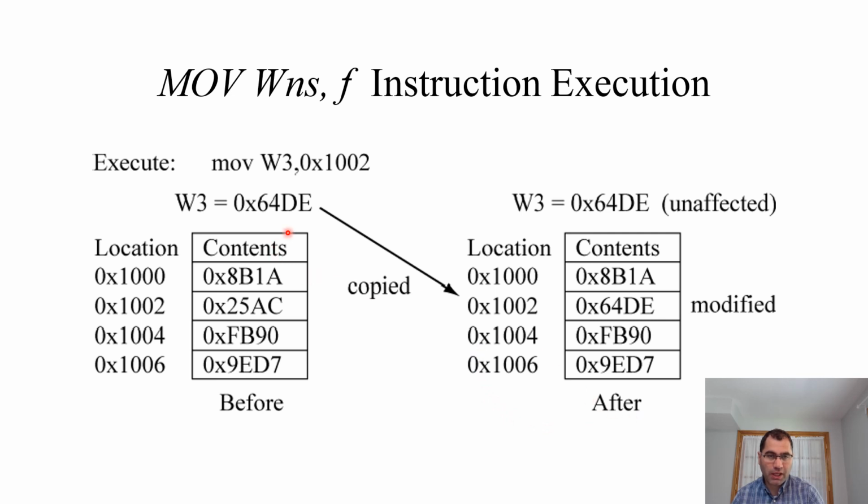What's going to happen is we copy the content of W3 and put it in address location 1002. We go into the data memory, and we put the content of W3 there. That's it.